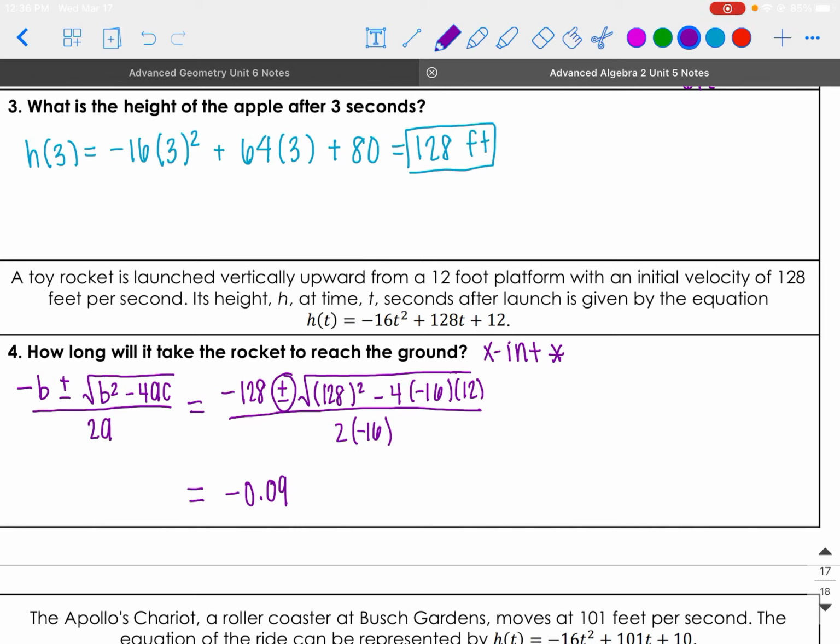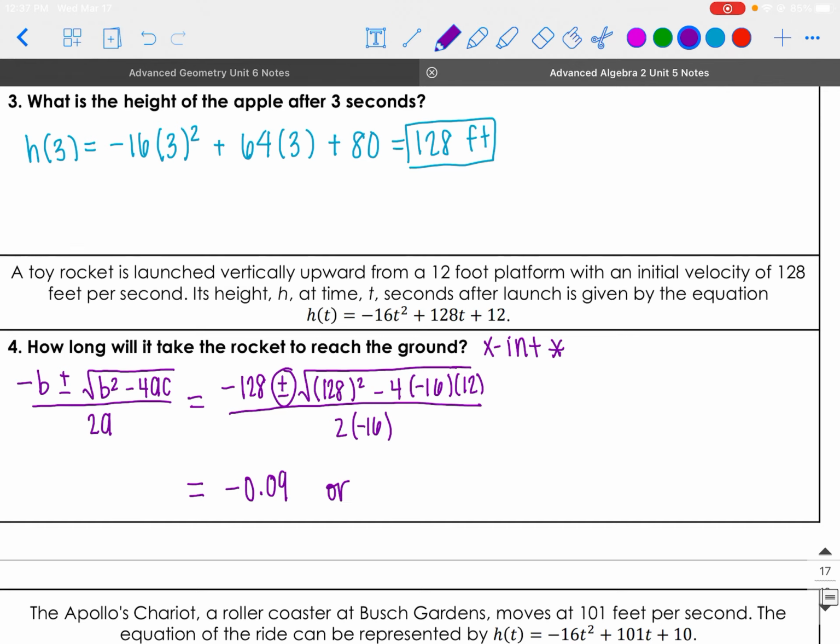Now, you can retype that all in, but use a minus this time. Or you can arrow up and highlight what you just typed. And if you hit enter, it brings it back up. And you can just scroll through it really fast and change the plus to a minus. And when you do that, you get 8.09.